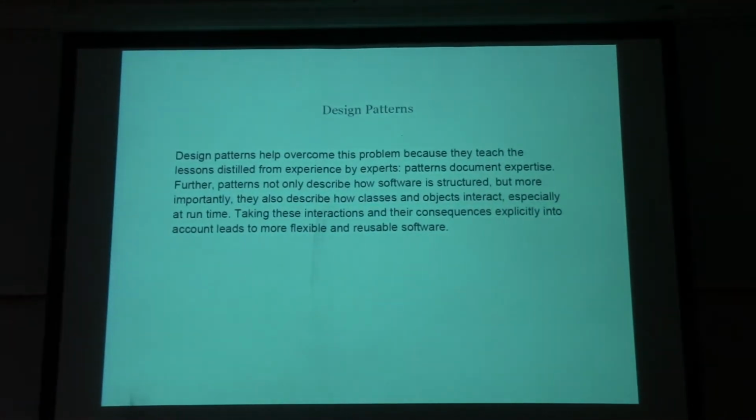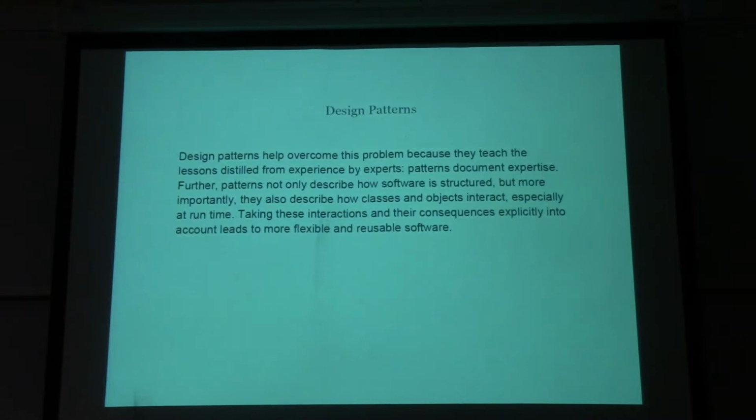So, in a sense, with design patterns, we come up with classes that have been tested and implemented over and over again by experts. The patterns document the expertise of other designers who decided, hey, you're doing this over and over again, here's a good way to do it. They describe how software is structured. More importantly, they describe how classes and objects interact, especially at runtime. When I talk about runtime, we're talking about dynamic design, what's going on during program execution.